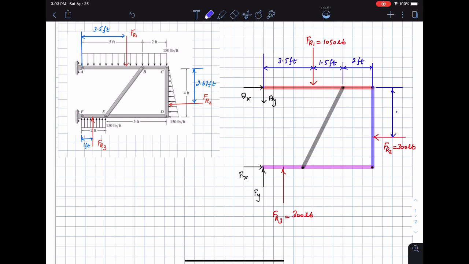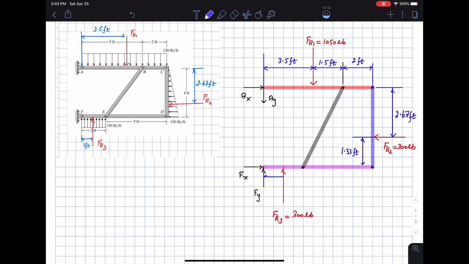So this is 2.67 feet, and then the remainder of the distance here is going to be 1.33. Let me draw that here. So this is going to be 1.33 feet. Then these distances are known to us.